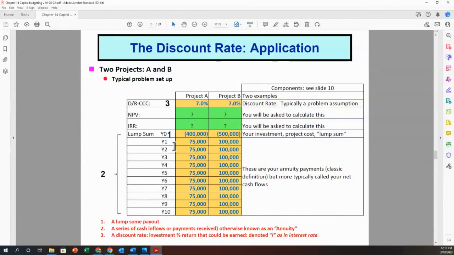We've done our modeling. We'll get into that a little later. And we project that Project A is going to bring us $75,000 a year for 10 years in cash flow. Project B is going to do $100,000. We've determined that our discount rate, our corporate cost of capital, is 7%.